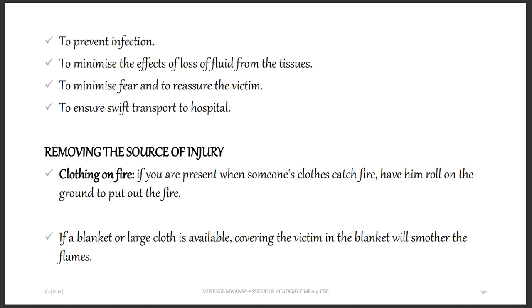The other thing that you want to do is remove the source of injury, as we have already said. What can you do then? It is important to remove the source of injury.